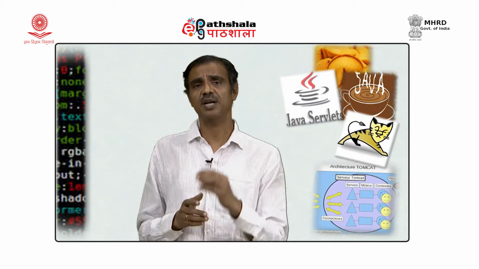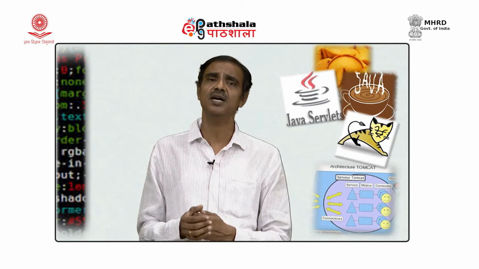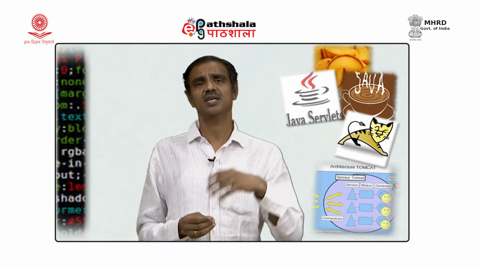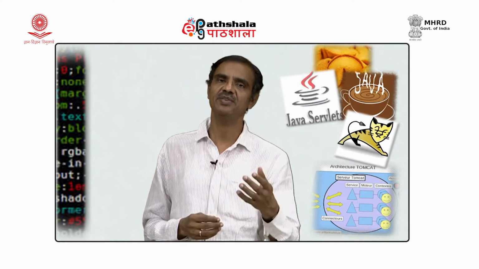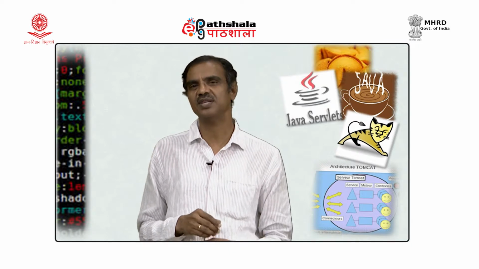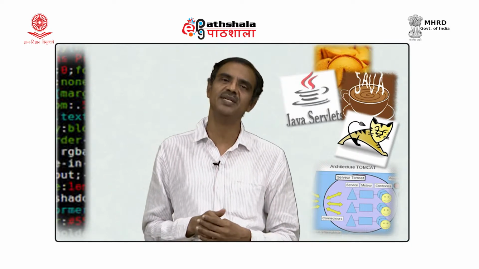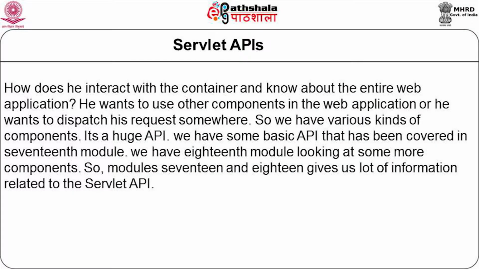But what is going to be made available to this particular servlet is configuration information by using servlet config. He is going to be made available the interaction with the container, how he interacts with the container and knows about the entire web application. He wants to use other components in a web application. So, he wants to dispatch his request somewhere. So, we have various kinds of components.